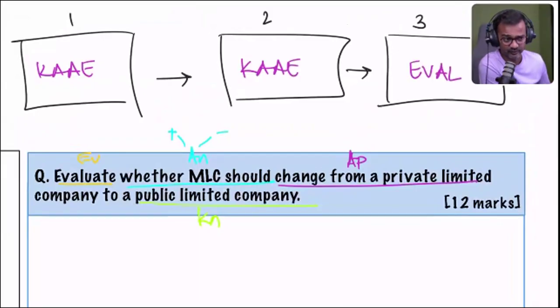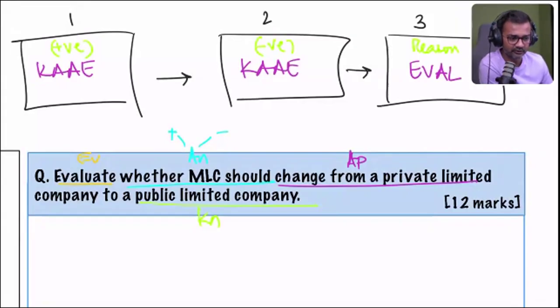Okay. Now, since this question, remember, in fact, any evaluation question must have both advantages and disadvantages. So you could divide the first one into the positives, you could divide the second one into negatives, and then this is where you give your, not decision, I shouldn't say decide, you should reason with it towards the end.